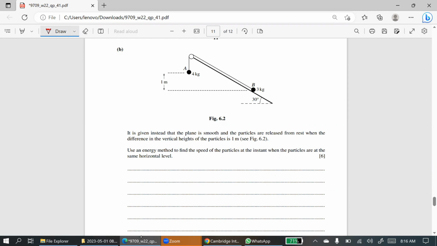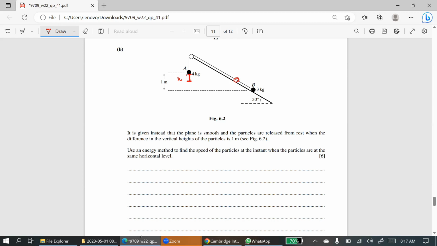Suppose that this particle moves to this position, and the distance moved by the particle downwards is x, and the B particle has moved to this position.